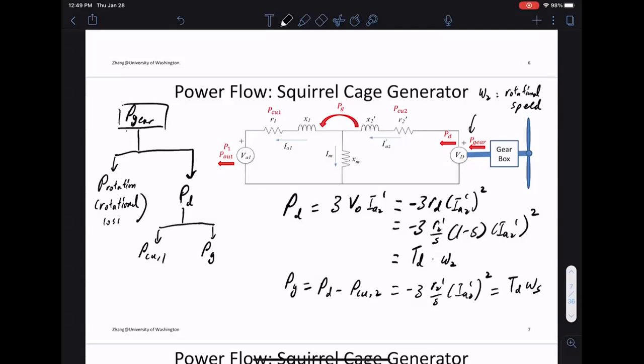At the stator side, since we have a fixed synchronous speed, this torque shows up at the synchronous speed. So you lose a little bit of power. The power you lost is because the rotor speed is faster than the synchronous speed. But you can think of this as a torque being transferred. And the power at the stator side is mechanical torque multiplied by the synchronous speed.